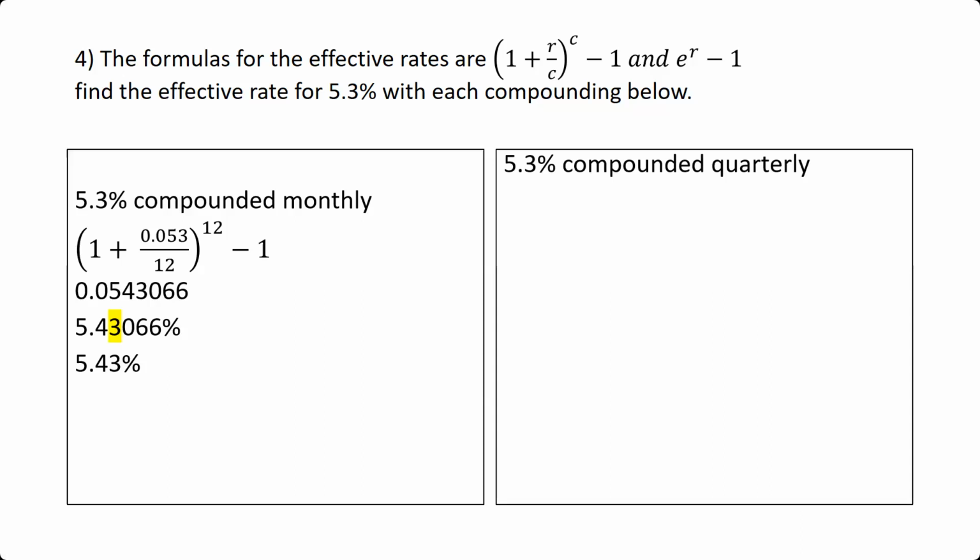That will help you remember it. Quarterly is 4, so C would be 4. Again, it should be close to the 5.3, but a little bit larger. Round the percent to 2 decimal places.